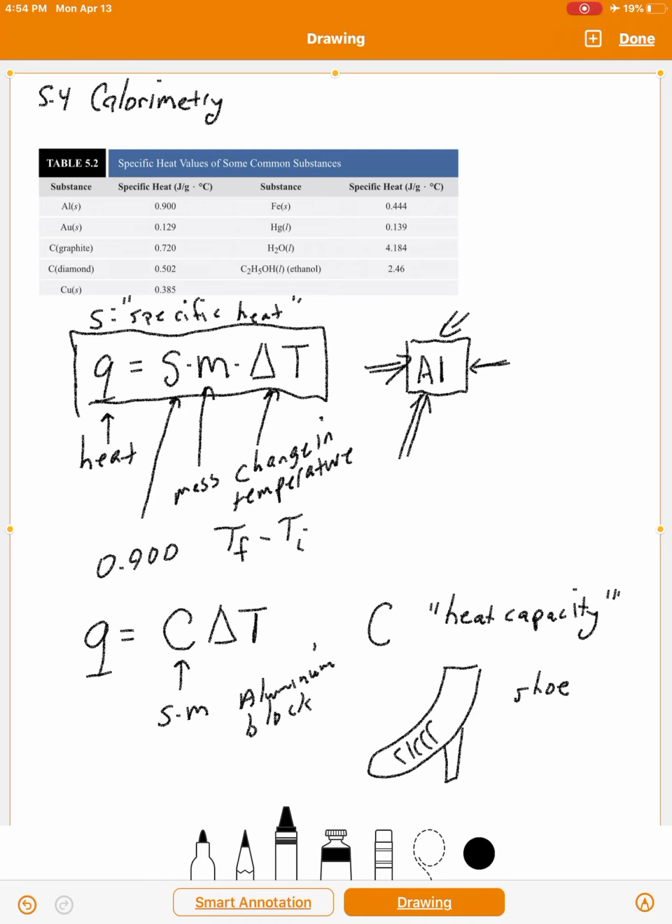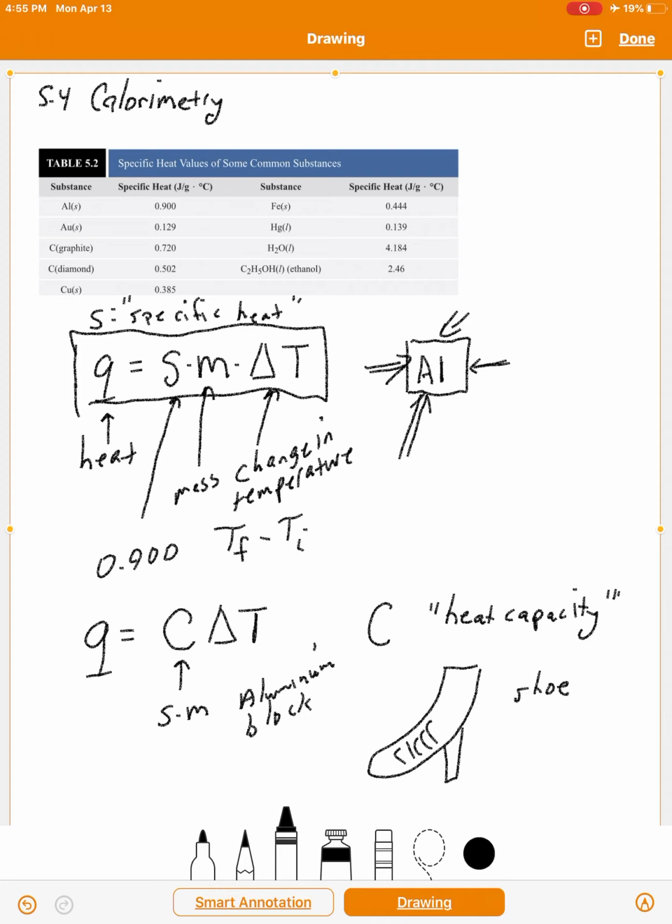It's not made out of one particular material. It's usually made out of a mixture of materials. So the specific heat S is used when the substance is pure, when you have one type of substance, so it could be aluminum or water. When you have complex mixtures of things, then it's not that practical, because each part of the shoe might have a different specific heat.